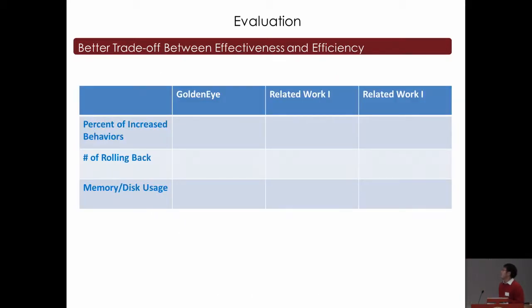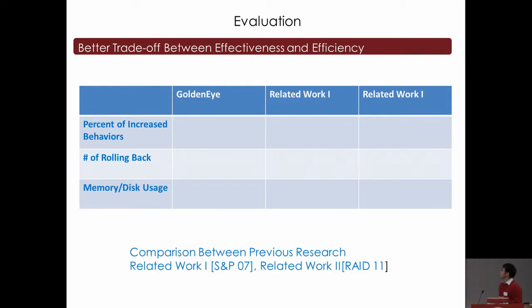So we also compare our GoldenEye with some related work. We compare the percent of increased behaviors. Our result is around 46% for the first data set. In the first related work, they can expose over 55%.